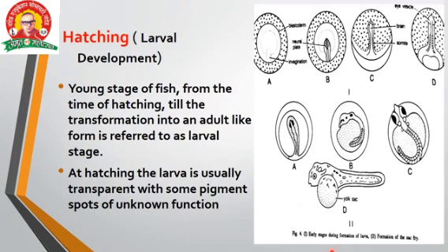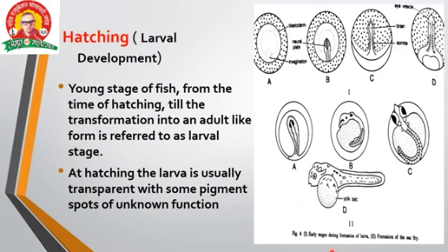The young stage of fish, from the time of hatching till the transformation into an adult-like form, is referred to as the larval stage.